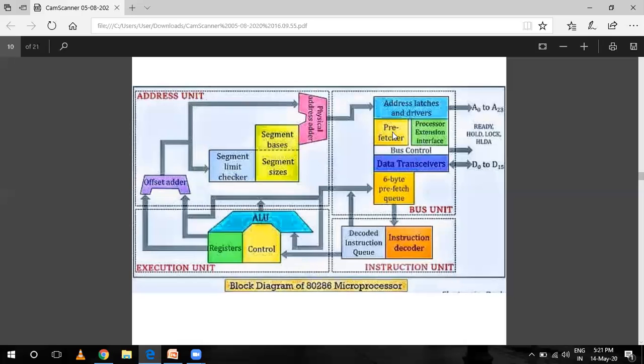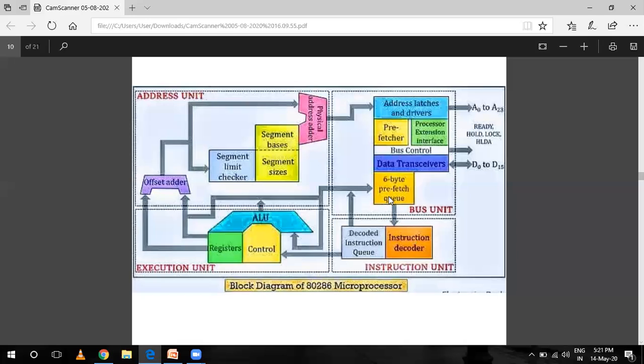This one you can see, prefetcher, bus control, and the 6-byte prefetch queue. These prefetched instructions are stored in a 6-byte instruction queue. This is the instruction queue, which then further sends the instruction to the instruction unit.